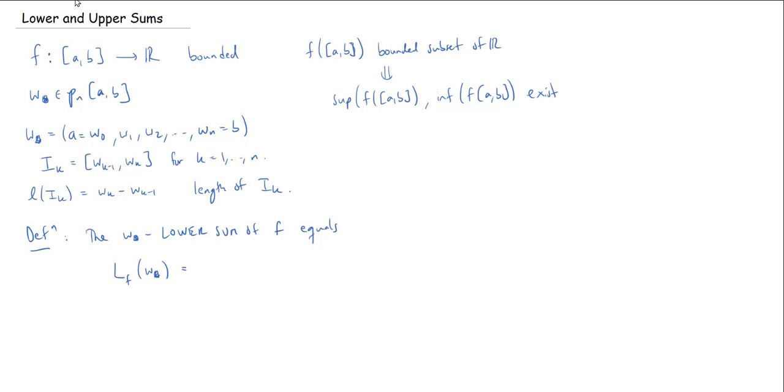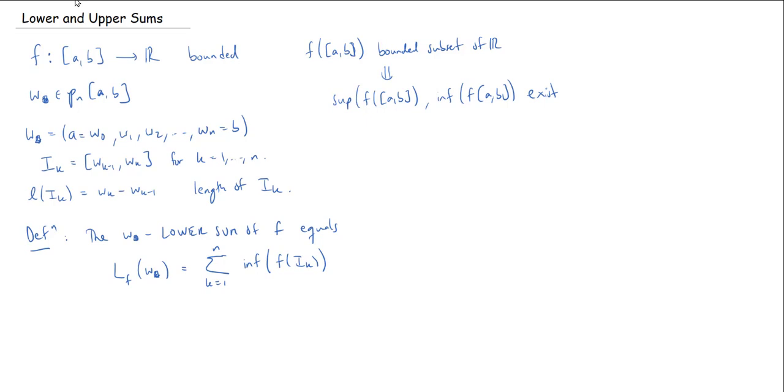And what is it going to be? Well, I'm going to add up a bunch of stuff. And so that's why we're going to get a little sum here. And what is the sum going to be over? I'm going to go from 1 to n. So for each one of these sub-intervals, I'm going to get a summand. And so how am I going to get it? Well, I'm going to take the infimum of f applied to the interval I_k.